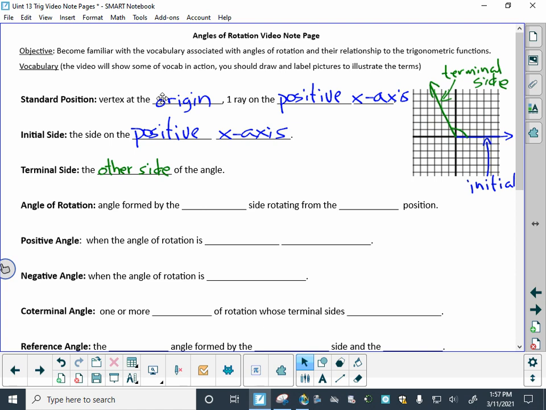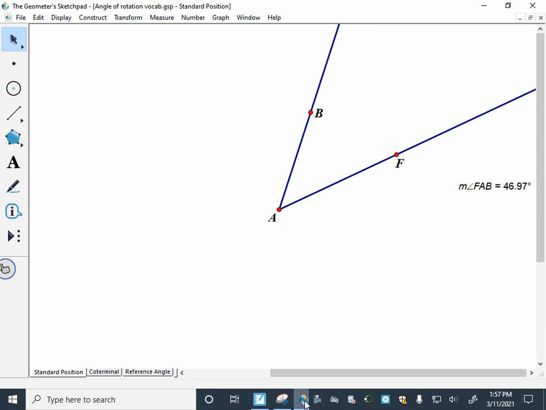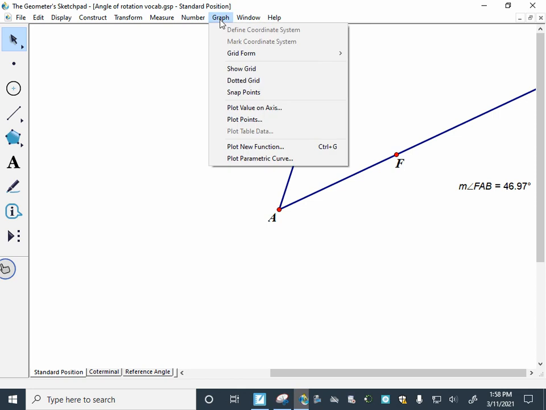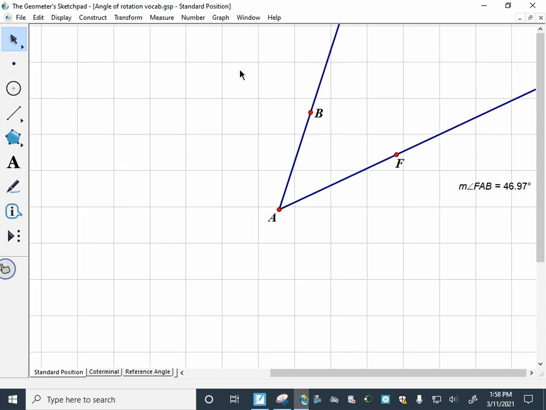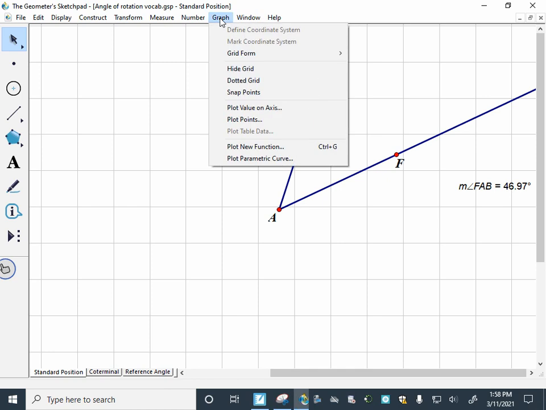Let's see if I can demo this here. Here's just some random angle. It apparently, by measurement here, is 46.97 degrees. And it just exists out there somewhere. But if we show a grid here, and we'll try to show some axes here as well.